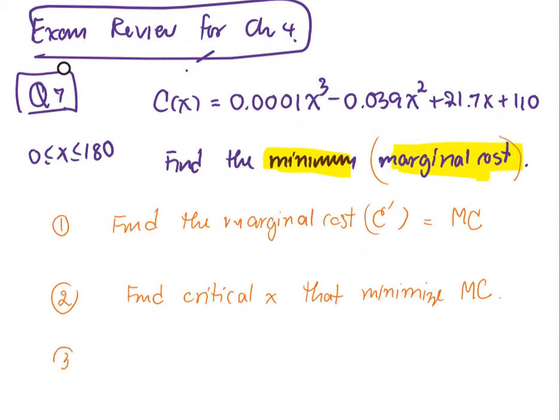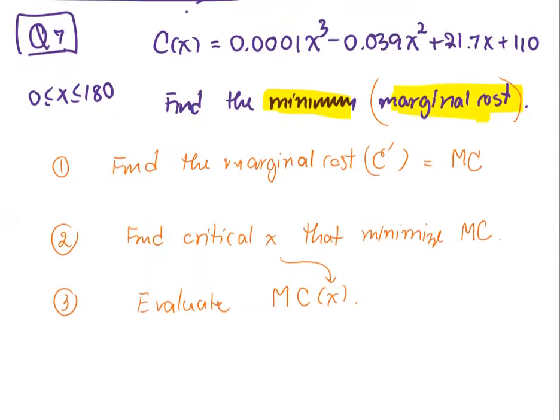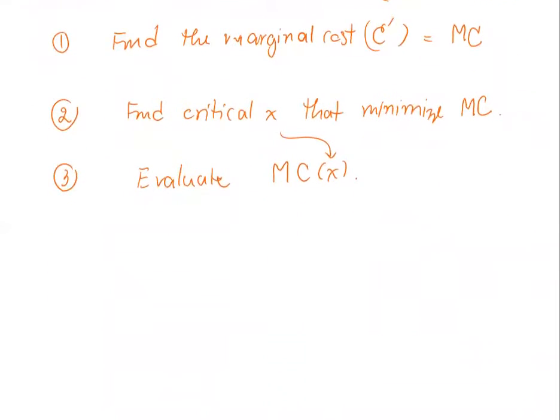So step number 3, we're going to evaluate the marginal cost at that value x. Does it make sense as a plan? Okay, we're going to start with step 1.